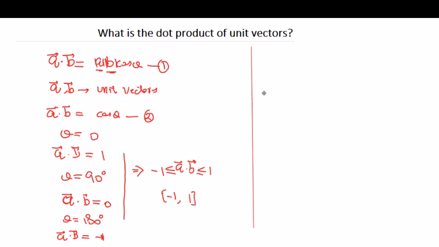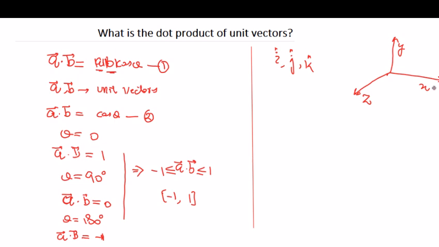Now consider vector I, J and K. We know that if we consider x, y, z coordinate system, this is x axis, this is y axis, and this is z axis.